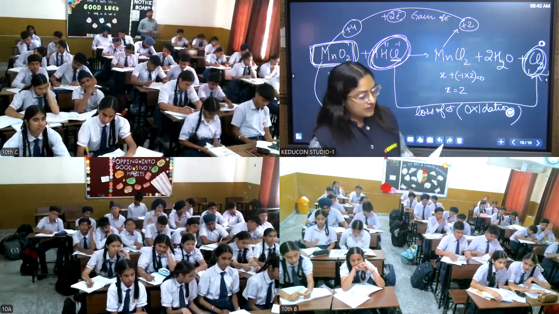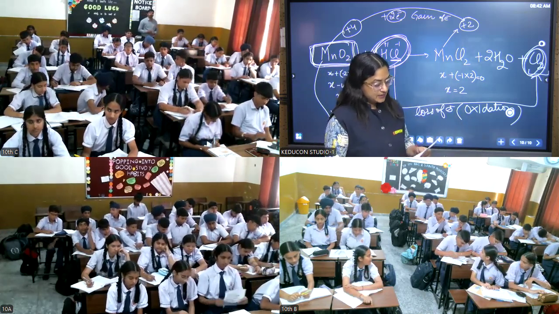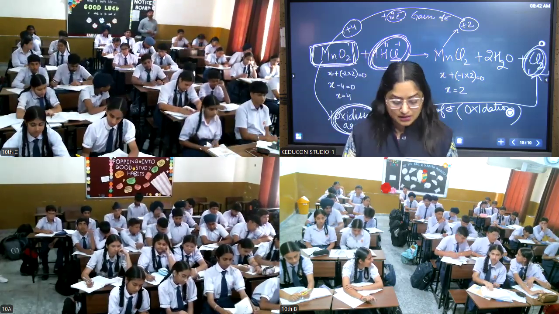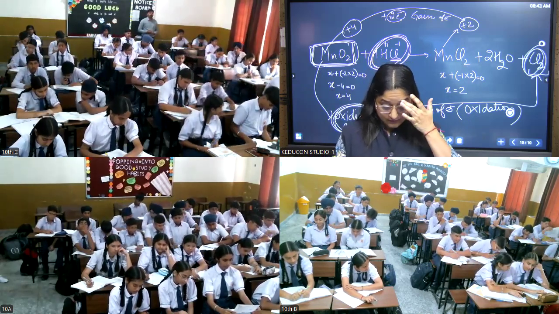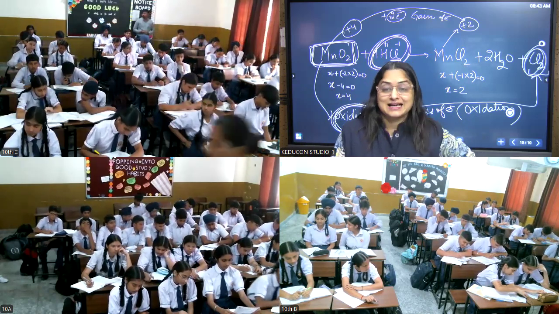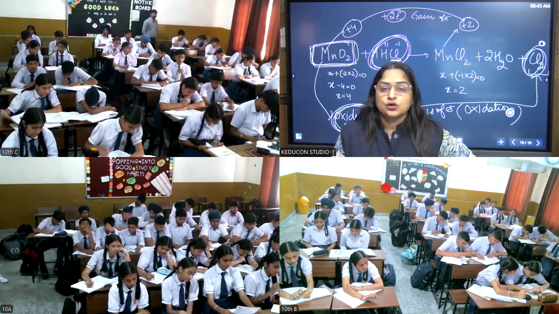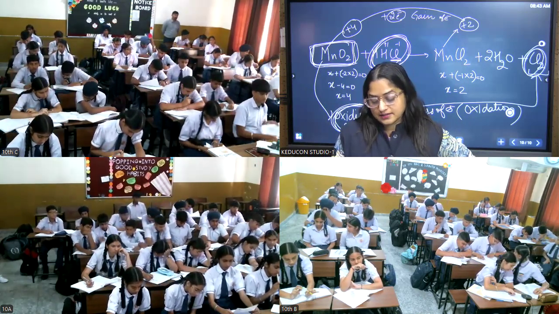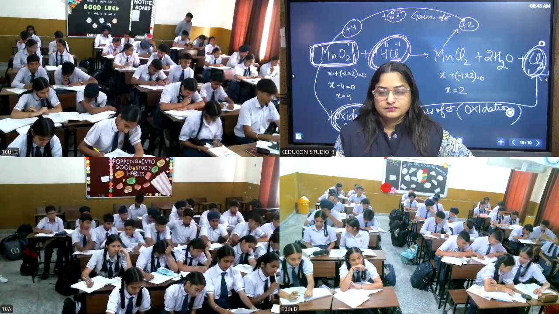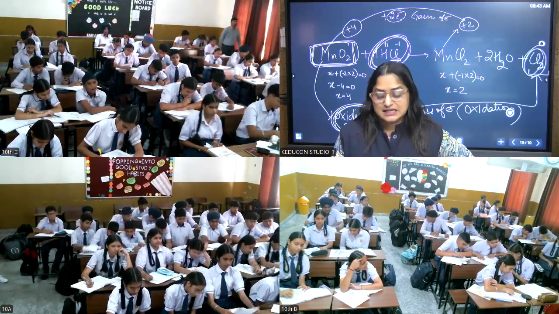Next, which of the following reactions represents oxidation of a metallic element? Give me the answer for the fourth question. Oxidation of metallic element. Find the metal and then look for addition of oxygen in it. Answer is the third one.